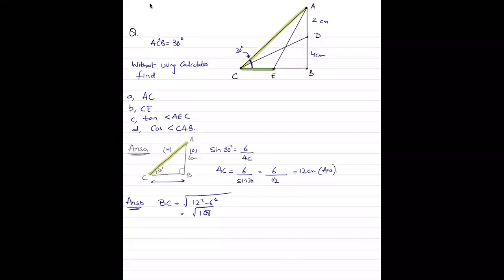So I forgot to mention one thing in the question. The length of AB is equal to BE. This is provided in the question. So BE is equal to AB, that is 6 centimeters. So what will the length of CE be? The length of CE is going to be square root of 108 minus 6.